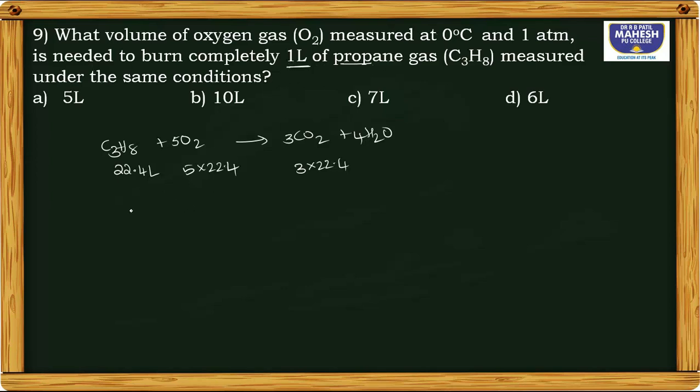How much oxygen in terms of liters is required? That is the question. So 22.4 liters reacts with 5 into 22.4 liters, and then 1 liter reacts with how much? Obviously 5 into 22.4 liters divided by 22.4 liters; this and this cancel, remaining is 5 liters. It is option A.